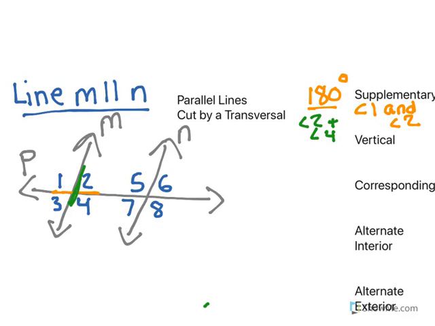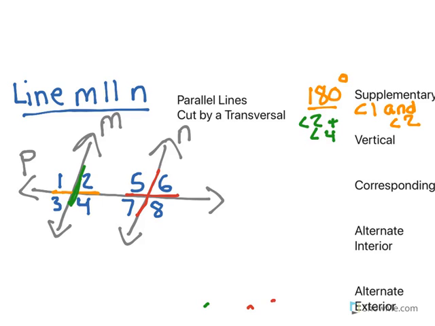All right, the next angles that we're going to talk about are what we call vertical angles. Vertical angles are those angles that end up being directly across from each other. I try to think of an X and the angles that are opposite of each other. So if I look at my parallel lines cut by a transversal, I have an X, a sideways X, formed here and here.